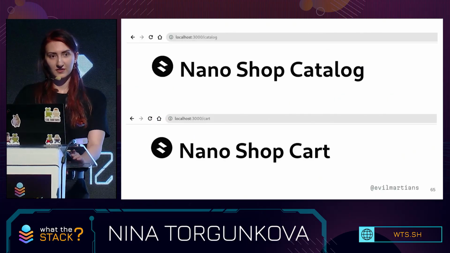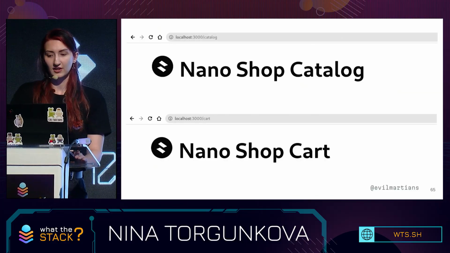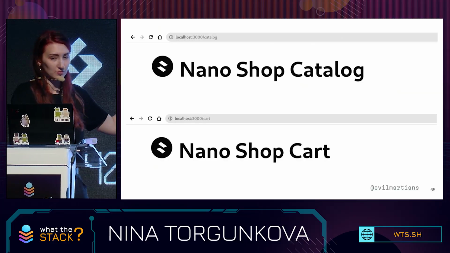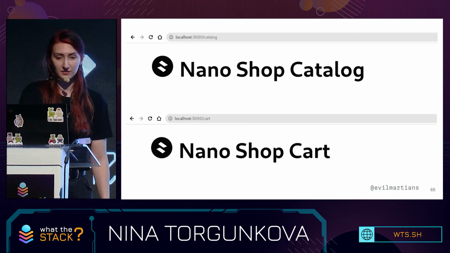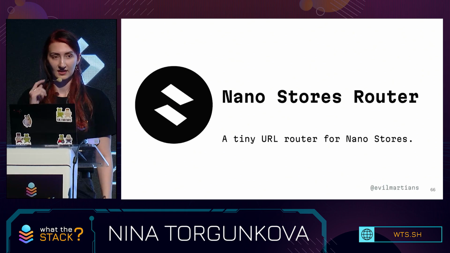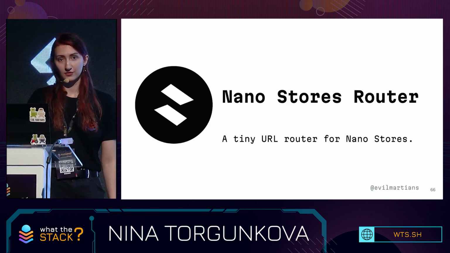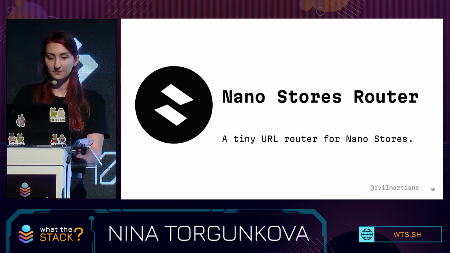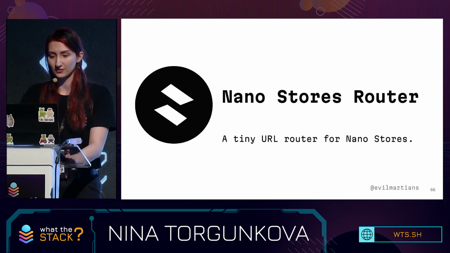One small detail that we want to add is shown in the header. We want to add two routes for catalog and cards itself and display it in our headers. And here we can use another tool from Nano Stores ecosystem, which is called Nano Stores router.